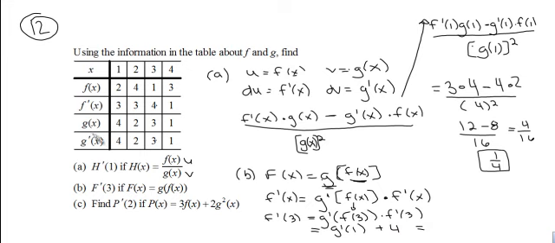And g prime of 1 is 4. I'm sorry, there should be a times here. I don't know where I got the plus. So 4 times 4 is 16.